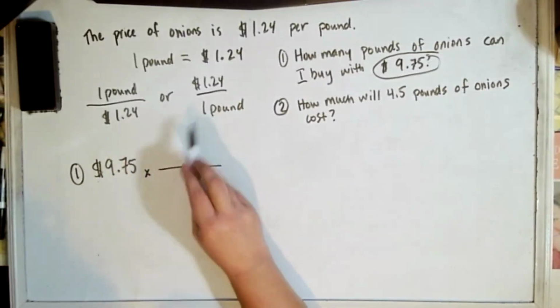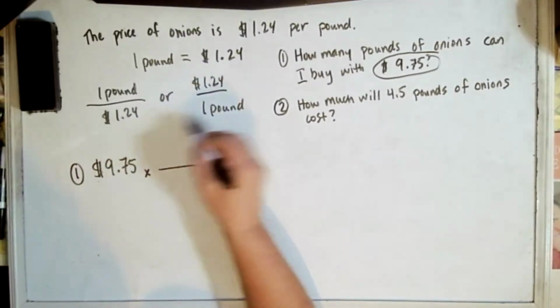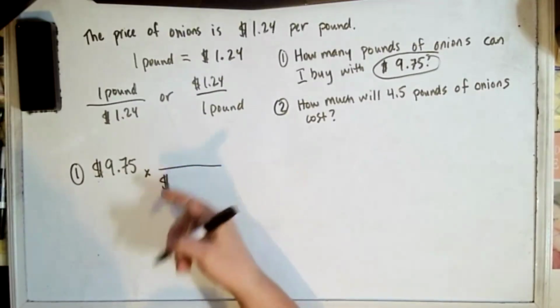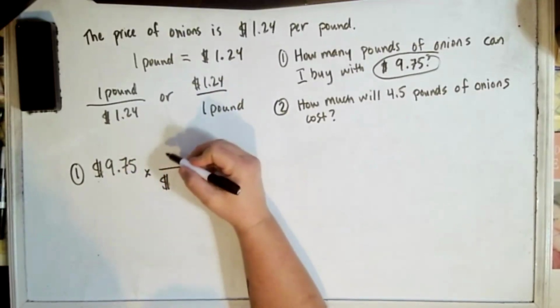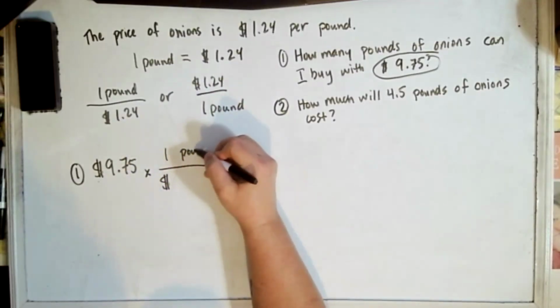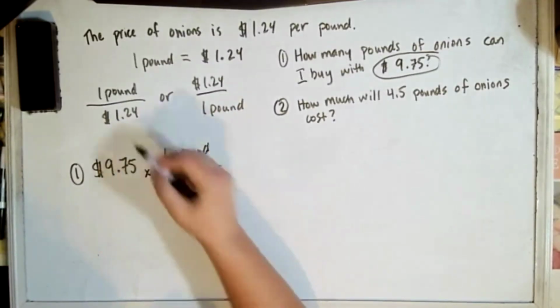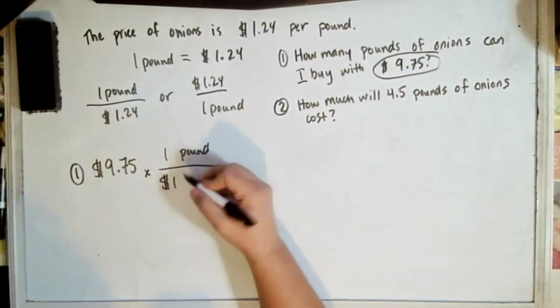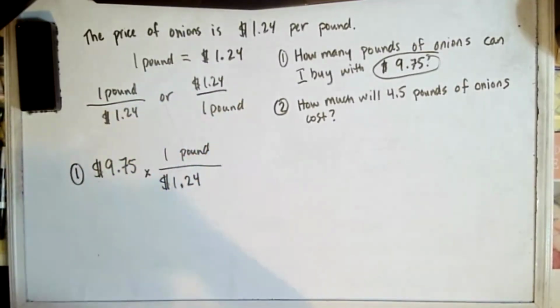So you have to look back at your conversion factor and say, which of these has my dollars on the bottom and my 1 pound on the top, right?